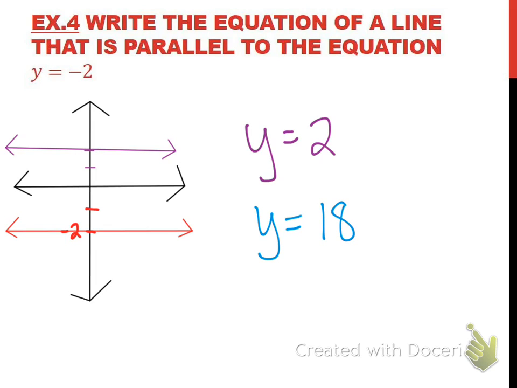I don't care. You could use y equals negative 55. Okay, they don't have to be something that'll necessarily fit on this graph, but it should be another horizontal line. All horizontal lines will be parallel to each other. Questions about that one? You actually have an infinite amount of possible answers. You would just have to give me one.